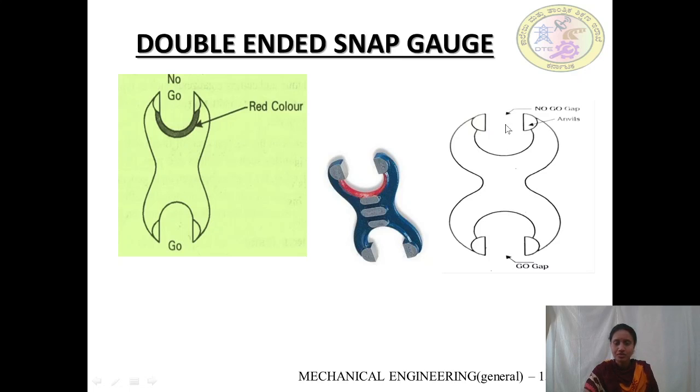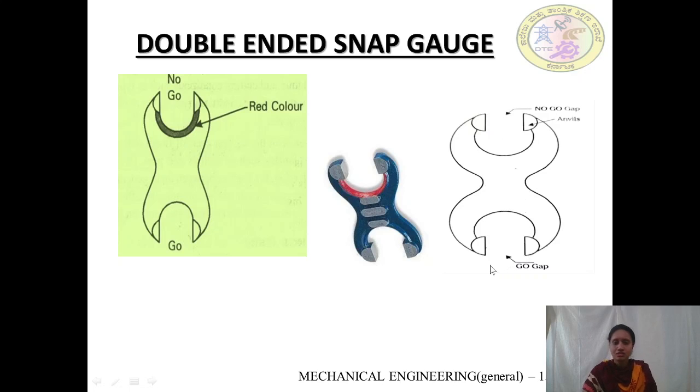If the shaft is going inside this gap, it means the shaft is manufactured to a lesser diameter of the limit size.